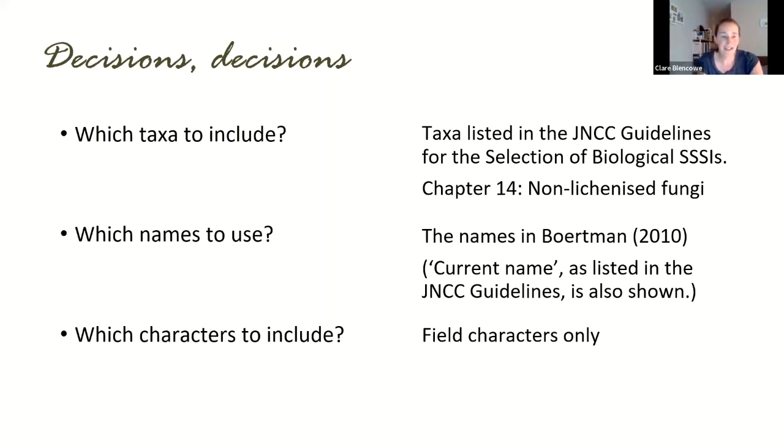And actually, the fact that Natural England and JNCC had just published those SSSI selection guidelines that Sean mentioned earlier made that really easy for me, because I thought, well, that's a fixed point. I can anchor to that list of taxa. I can anchor to those names. And I'll produce a tool based on that.